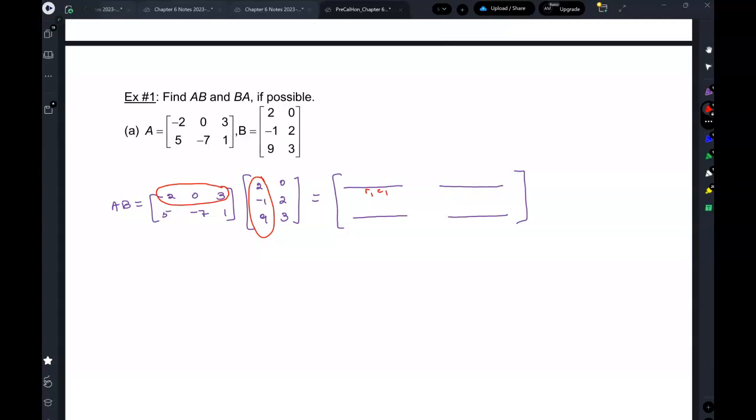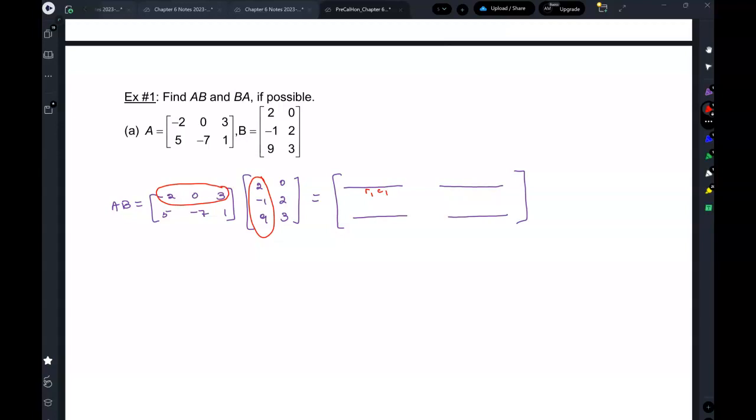Now, you have to match first with first, second with second, third with third, and multiply those. So look up here for a minute, okay? So you do first with first, multiply these two, multiply these two, multiply these two. That gives you 3 numbers. You add them with each other, okay?